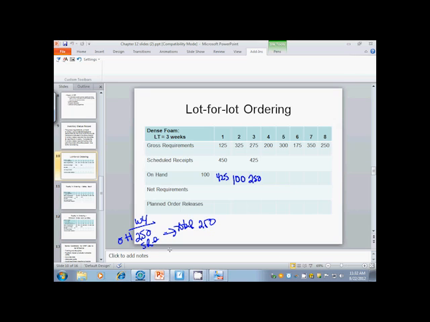In week 4, I plan on having to use 200 units. So I'm going to subtract out my gross requirements of 200, and that leaves me 50 units left. So I have 50 units left over at the end of week 4.